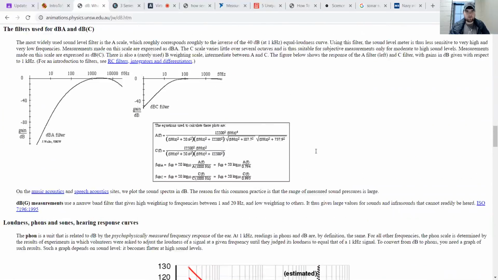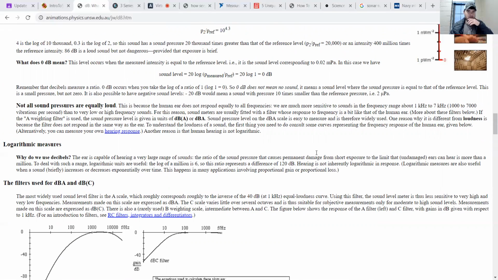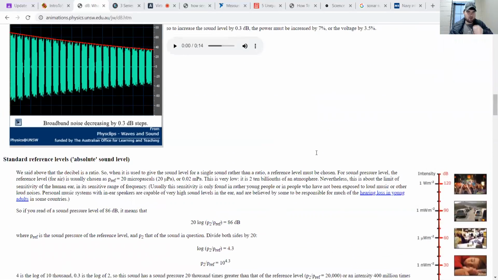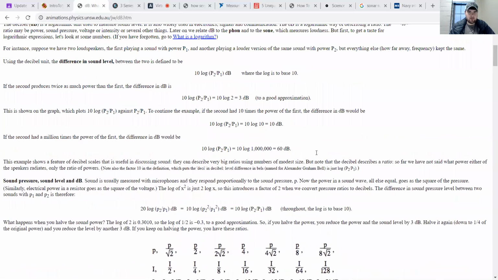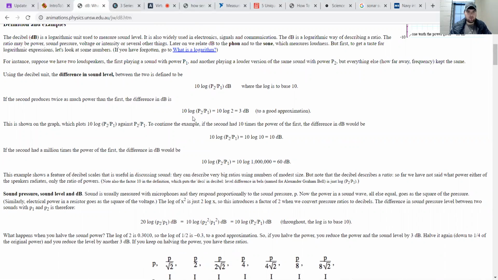where, if you're unsure about what a logarithmic value is, it's on a base 10. So each time you're going up by a power of 10. So if I can scroll back up here, like the difference in sound level.